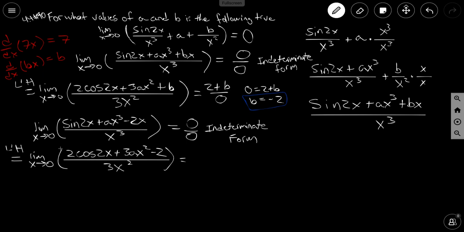If so, I'll apply L'Hopital's a second time. So 2 minus 2 over 0 is going to give me 0 over 0. Indeterminate form. So I'm going to go ahead and apply L'Hopital's a second time.